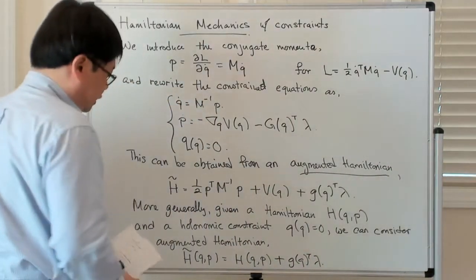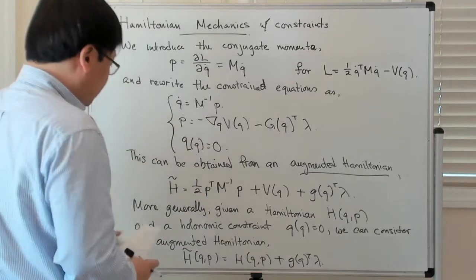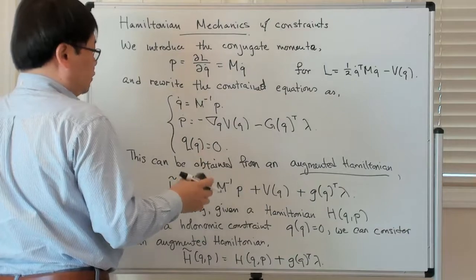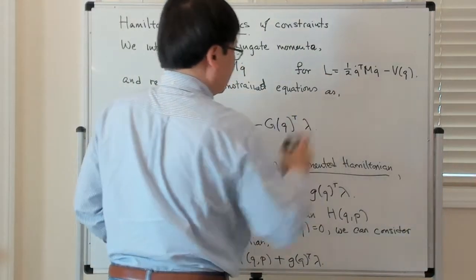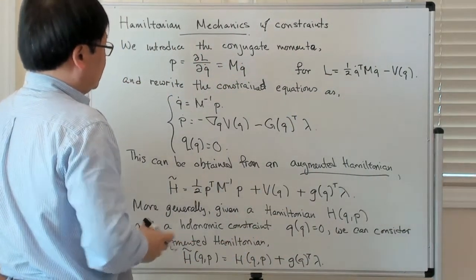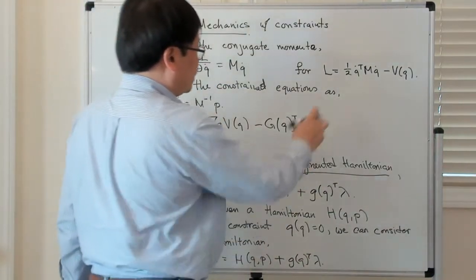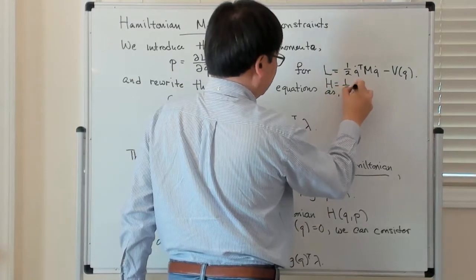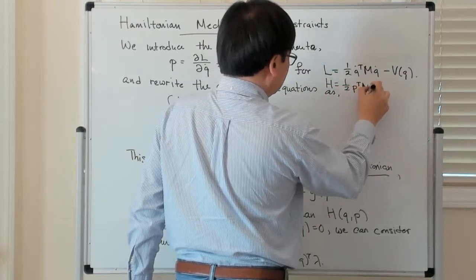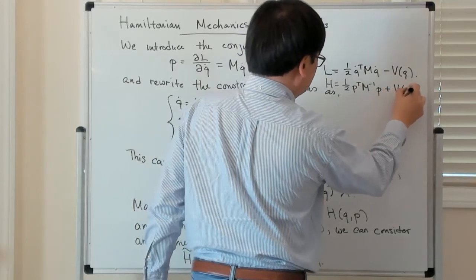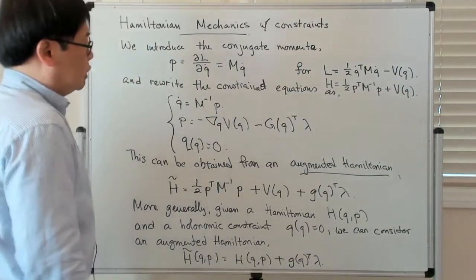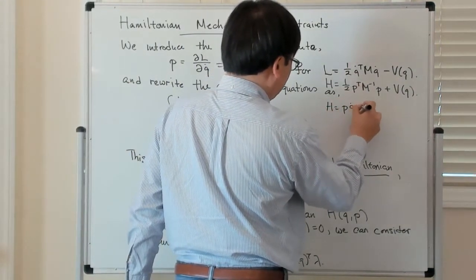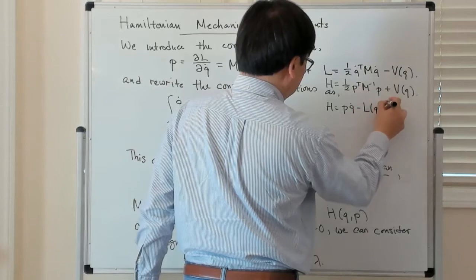If you look at this form, we'll look at the more general version of this. If you start with a Lagrangian of this form, you probably know that it induces a Hamiltonian which looks like 1/2 P transpose M inverse P plus V of Q. More generally, the Hamiltonian is P q dot minus L of Q, q dot.